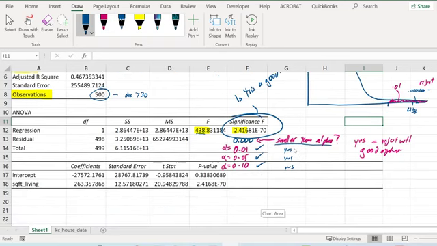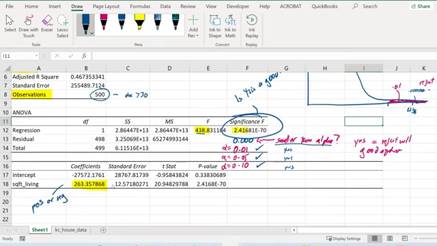Now we're going to move past the ANOVA table and talk about our actual coefficients. I don't care about the intercept. I do care about the coefficient. The next thing I'm going to ask is, is this positive or negative?